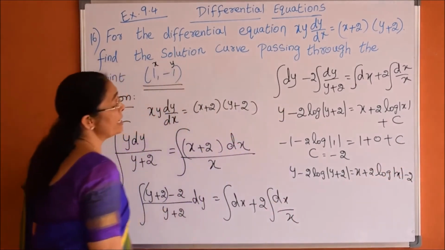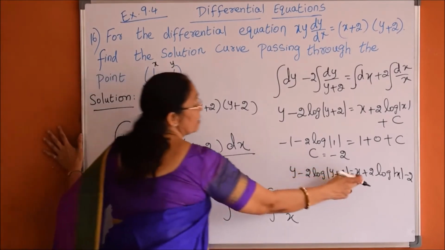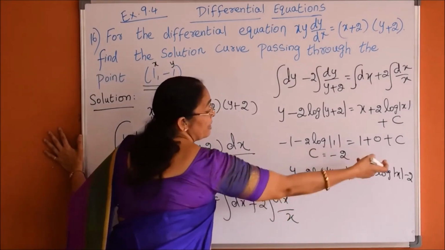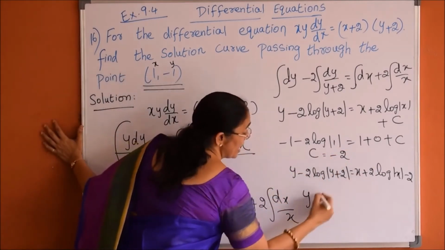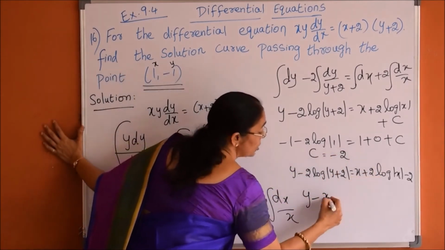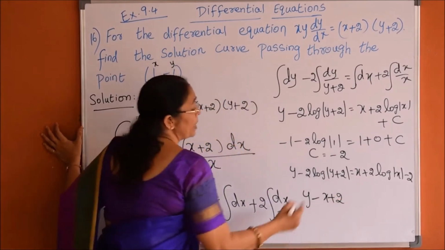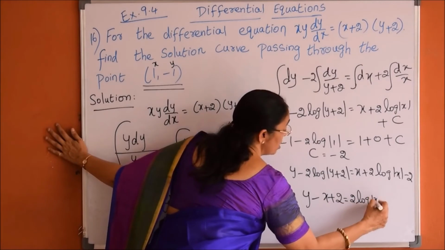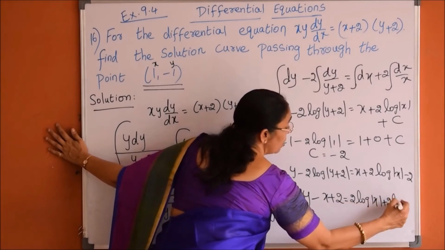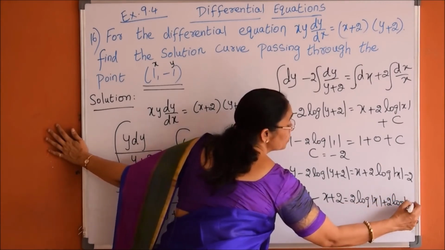So, let us arrange this function. Let me take the x value and 2 here, and we take all the logarithms together. So, bringing x here, y minus x plus 2 is equal to 2 log mod x plus 2 log mod y plus 2.